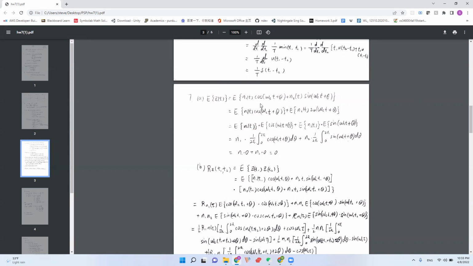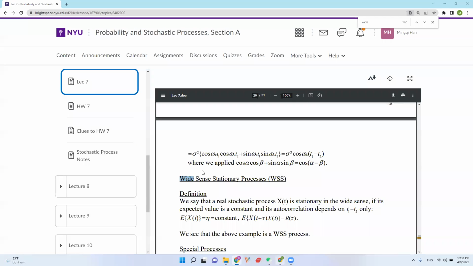What's above the x-axis is positive, and below is negative. These two are exactly 2 pi periodic, so we don't even have to do any calculation. We know that over a full 2 pi period, it is always going to be equal to 0. So here we have a 0, and here we have another 0. We eventually get 0. So for part A, that's how we solve it.